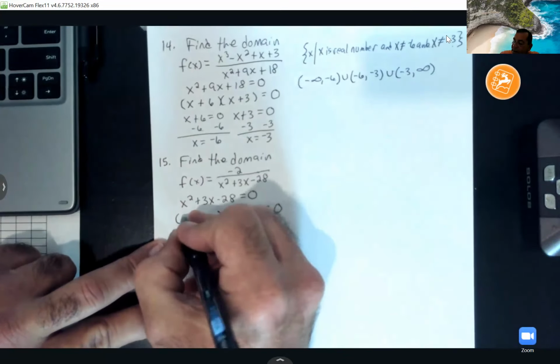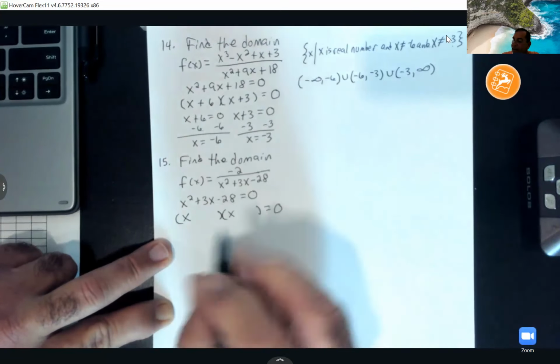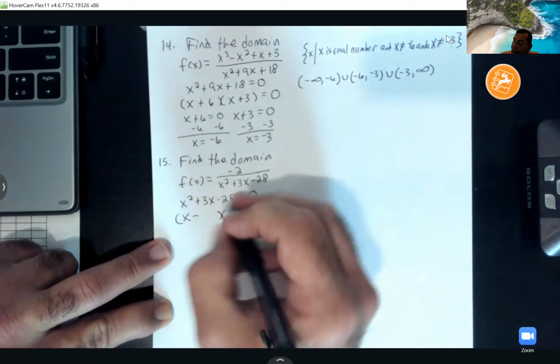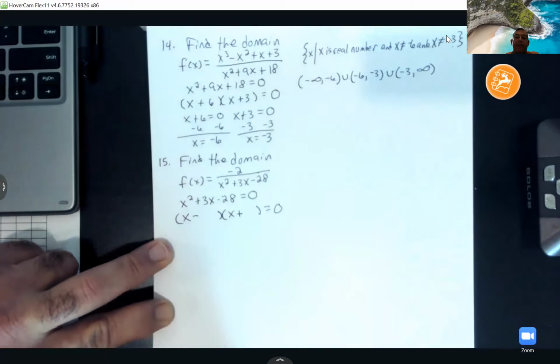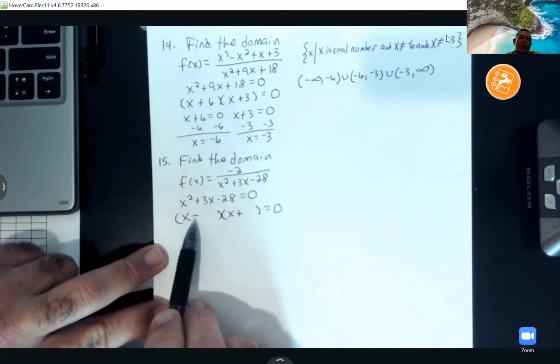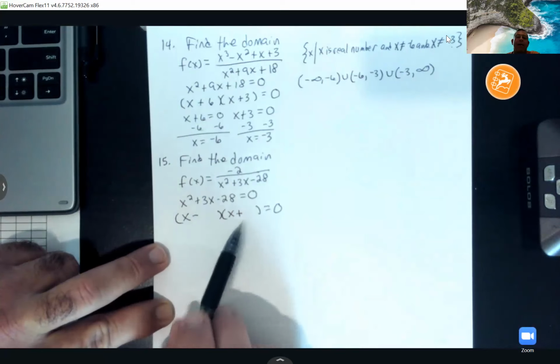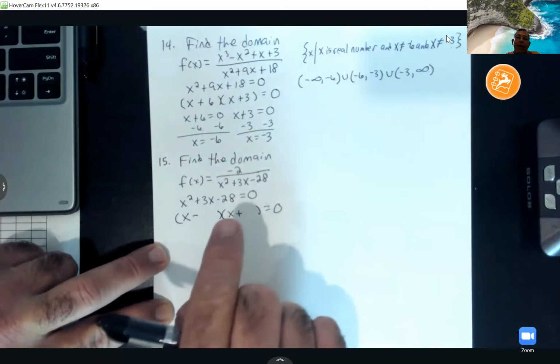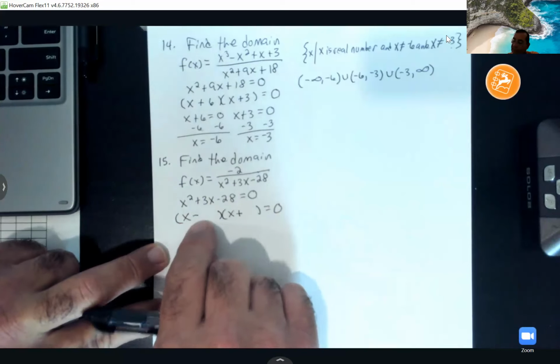So x squared is x and x. The last sign's negative, so you have one negative and one positive. And it doesn't matter what order you put these in. You could put the plus here and the negative here. What matters is that you have the right number with the right sign.